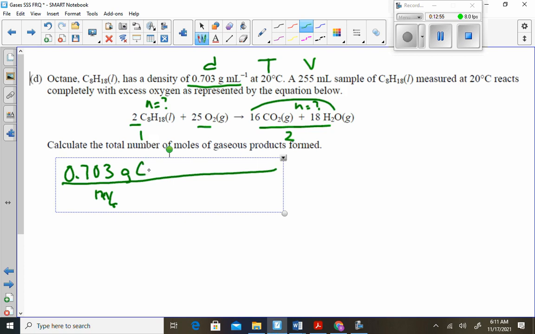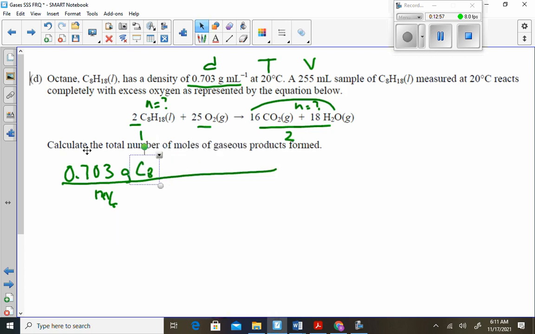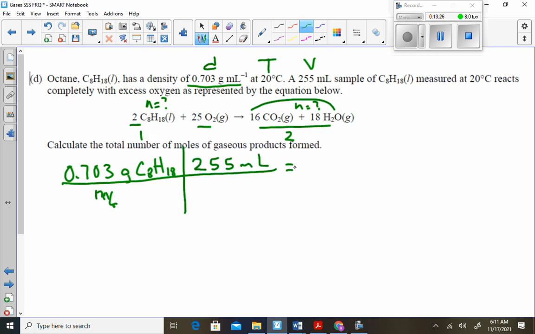So to find the moles of octane, if we start with our 7.03 grams per milliliter of octane, C8H18, if we know how many milliliters we have, then we can convert that. And so if we multiply this by 255 milliliters, we get 179 grams.